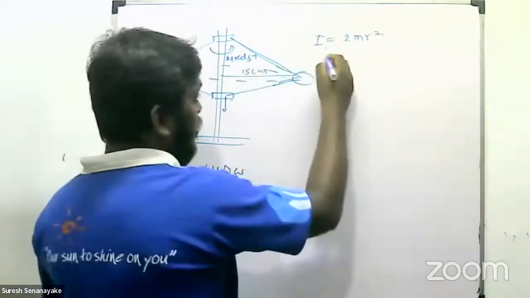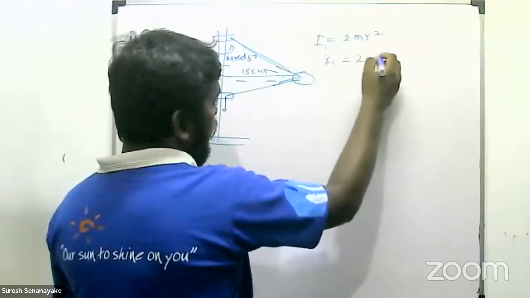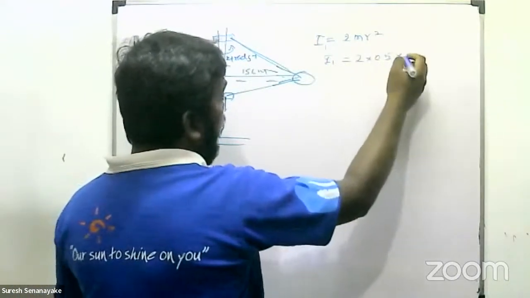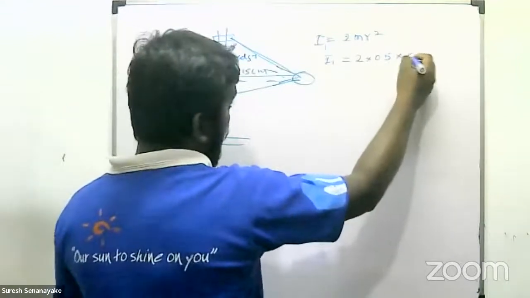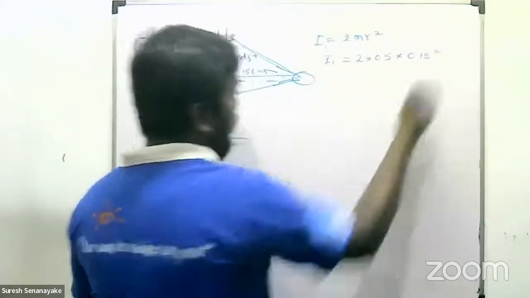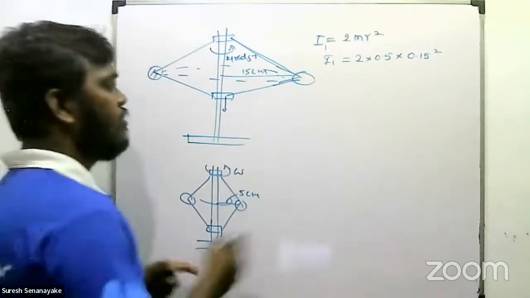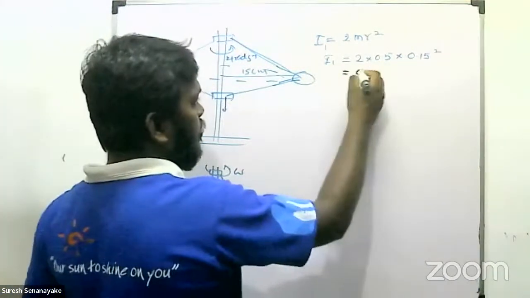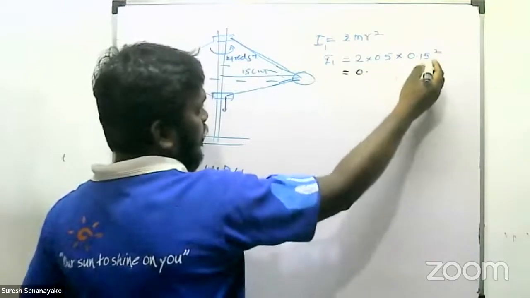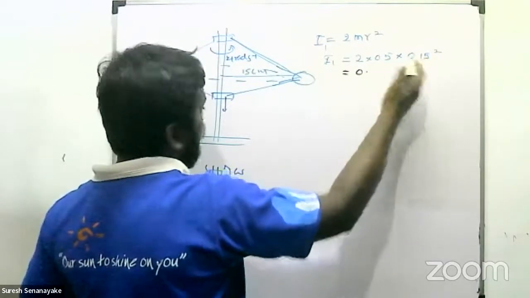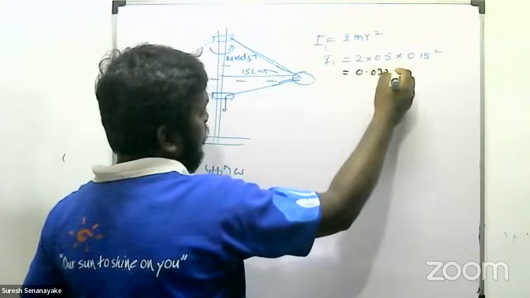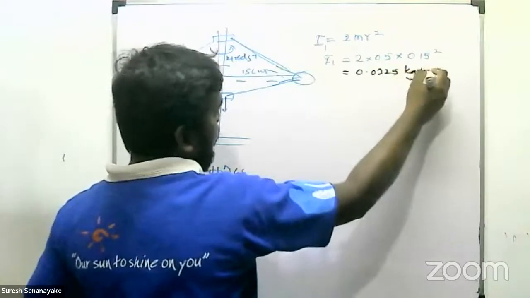So I1 equals 2 into 0.5 into 0.15 square, the radius given. Square of 1.5 is 2.25, so 0.0225 kilogram meter square.